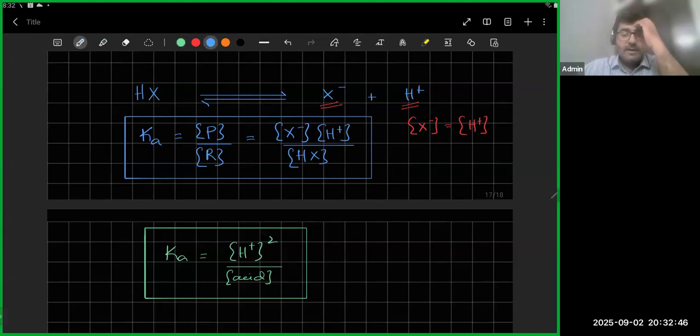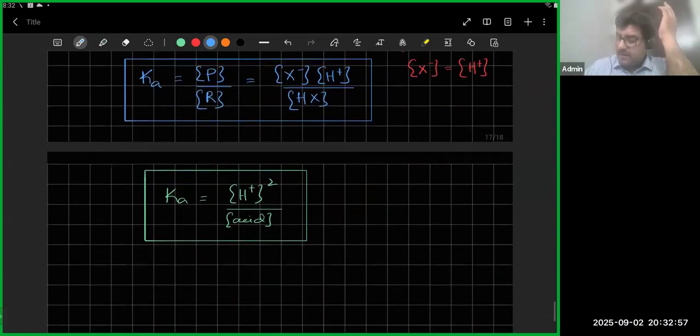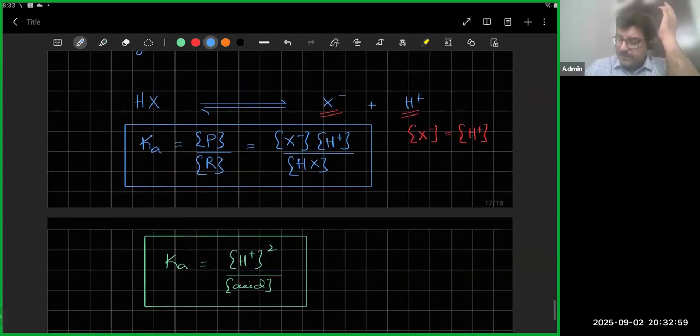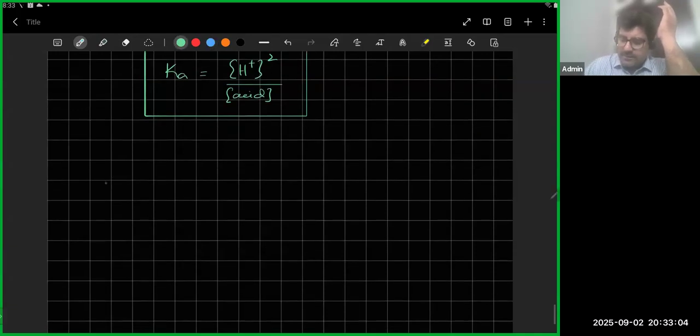Now this K, we know what K is, and you can use this. I'll also make the expression for the other one. The more detailed dissociation equation was this one, just to show you, although that is enough and most of the time you're going to use that. But the more detailed equation was that X minus 1 and the H plus 1 went and combined with water and formed H3O plus 1.